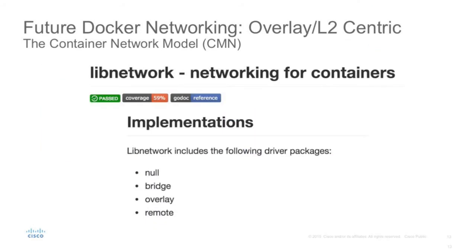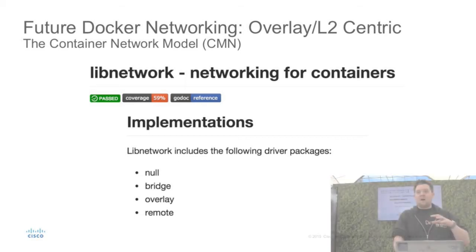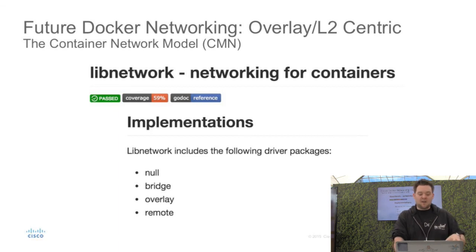But if you actually look, it's still very much based around bridges and overlay, the Kubernetes model. And also, call me a purist, but I don't really want my networking stack being brand new and only having 59% code coverage. So maybe that will become something to look into, but it's going to require a lot of time to bed in and iron out bugs, in my opinion.